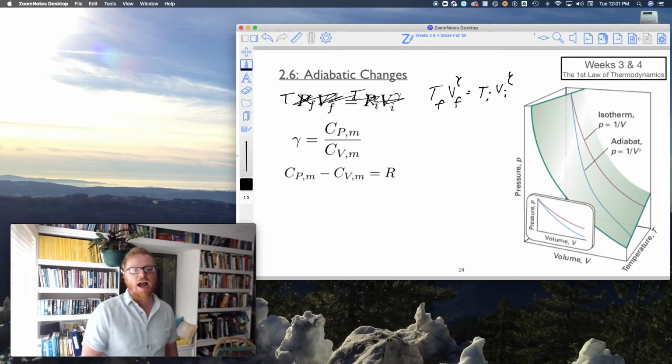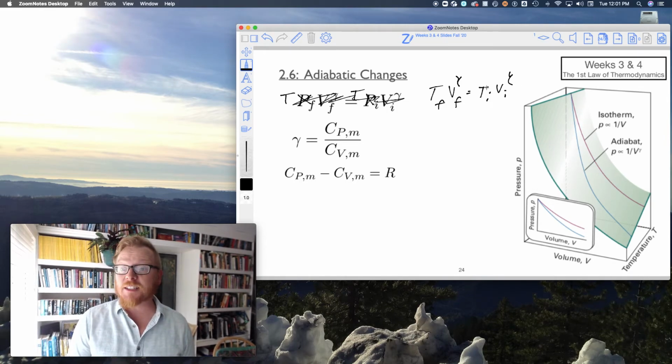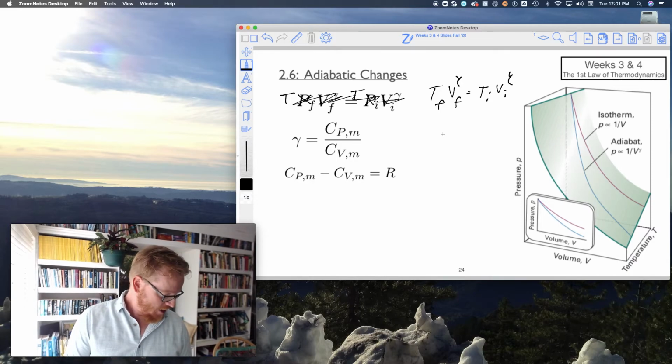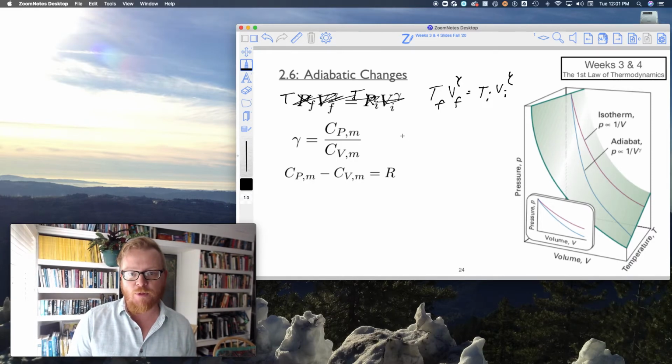So I did a little bit of extra algebra here that you can follow through in the book if you want to see where it comes from. But this is basically another way of talking about this adiabatic expansion. Or if we were writing this in a Boyle's law, Charles law kind of way, we can say TV raised to some constant is a constant.